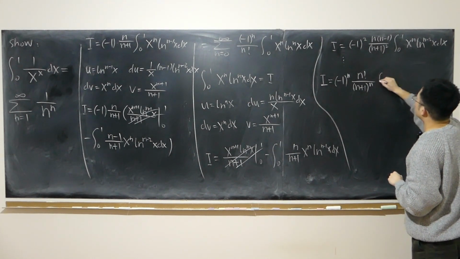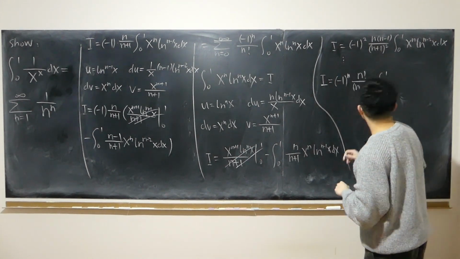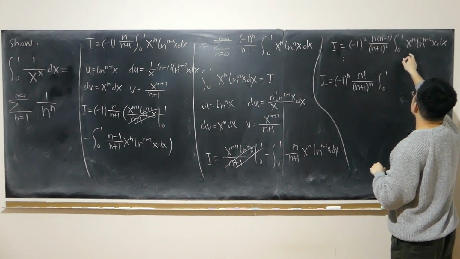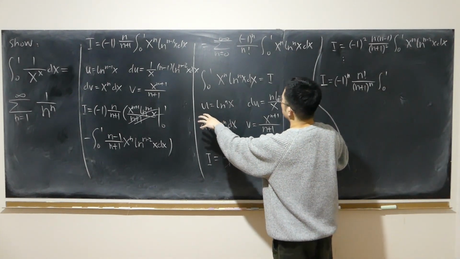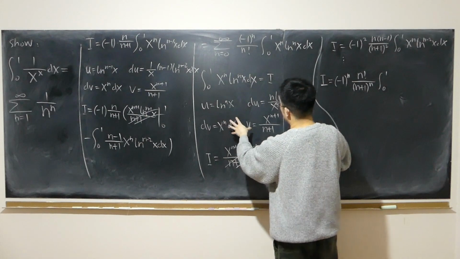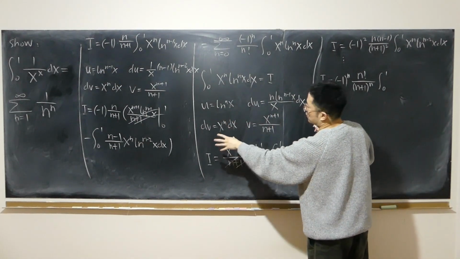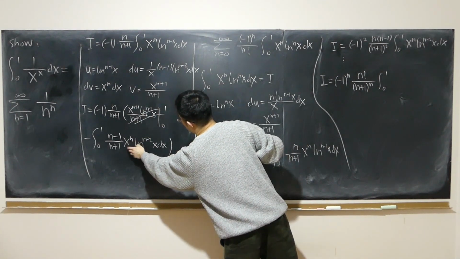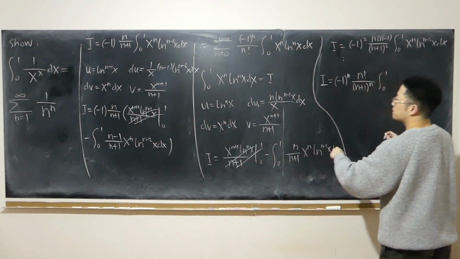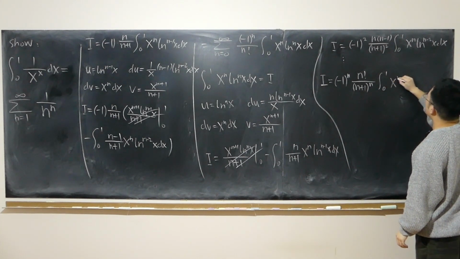So we still have the integral from 0 to 1, and I always have x to the power of n from the start. No matter how many times I do the integration by parts, I always have x to the power of n.